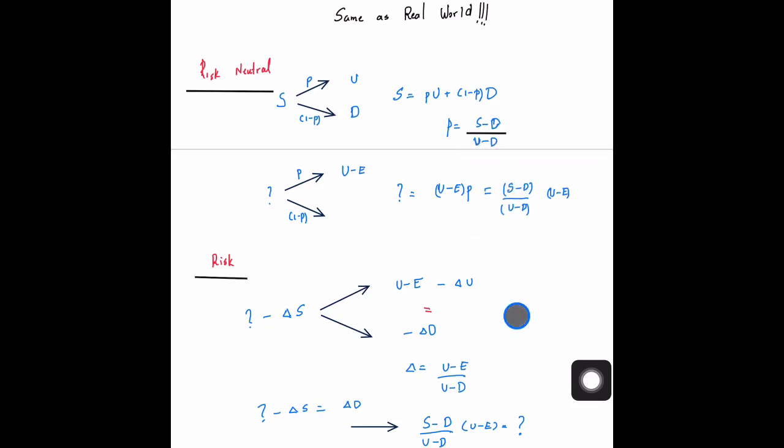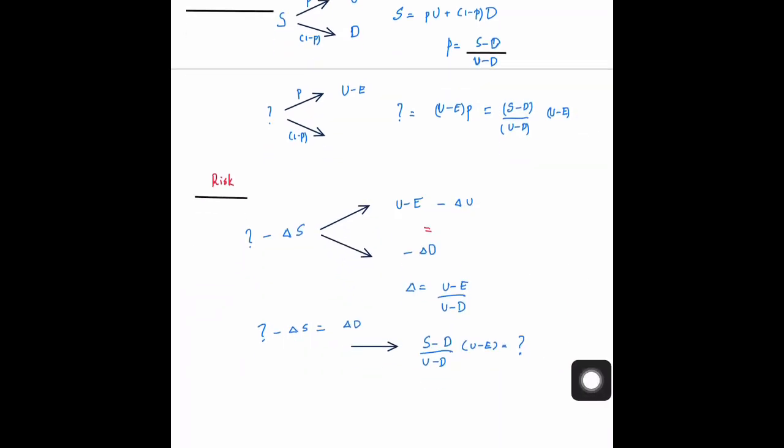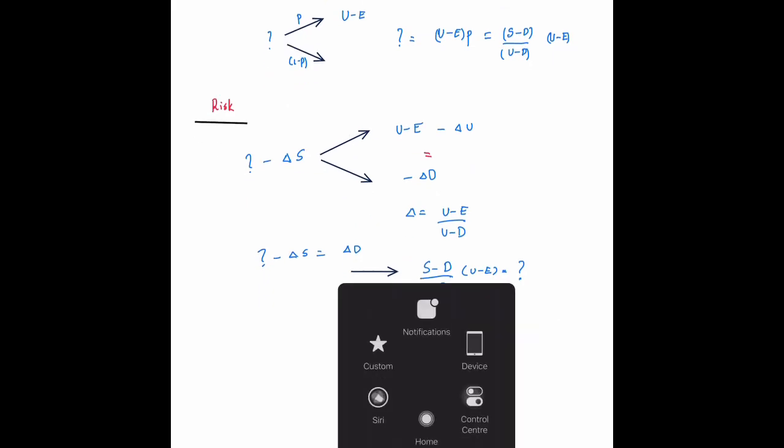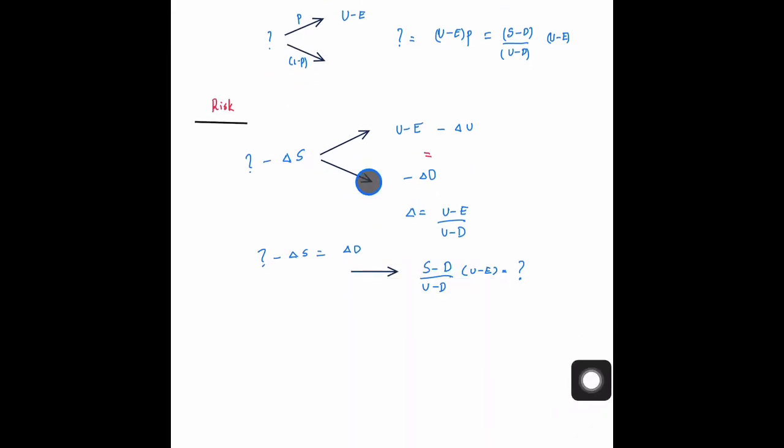We can see that this same quantity is getting evaluated in case we consider risk in the problem. That is, we construct a portfolio which is the option minus the hedged stock. The value of this portfolio at expiry is u minus e minus delta times the value of the stock tomorrow, and if it goes down it is basically just minus delta times u. Because we are hedging, the up and down value should be equal to each other, that gives you the value of delta.